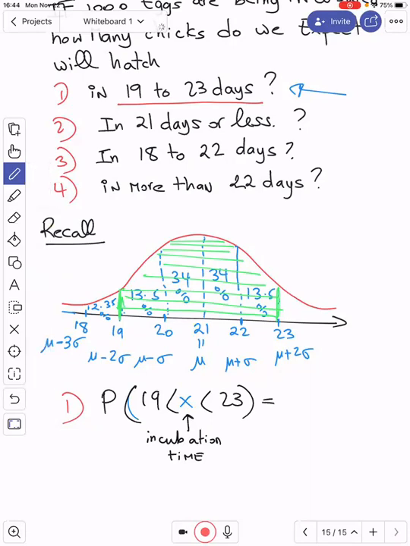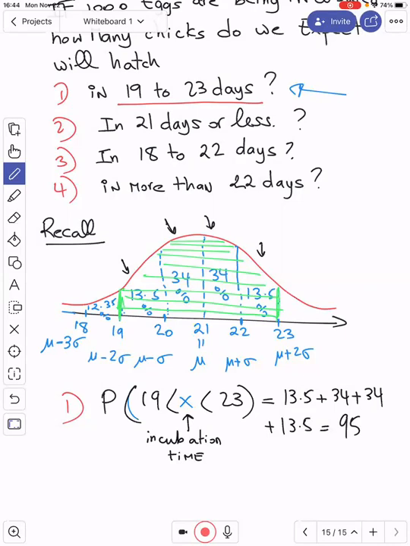First we have 13.5, and then 34, and then another 34%, plus another 13.5. So the total would be 95. Any question?